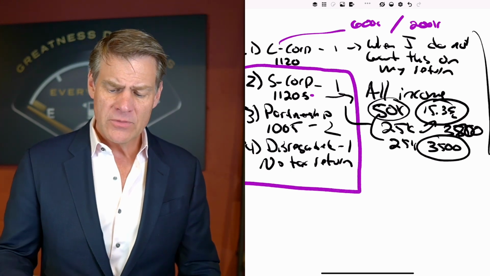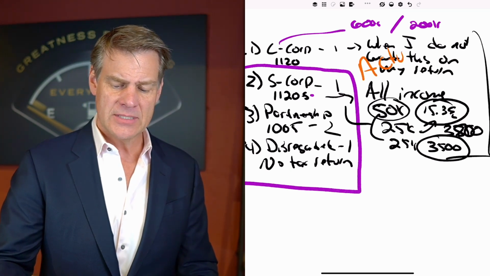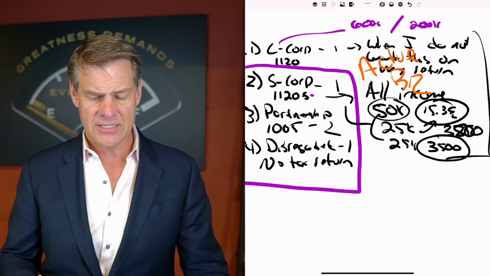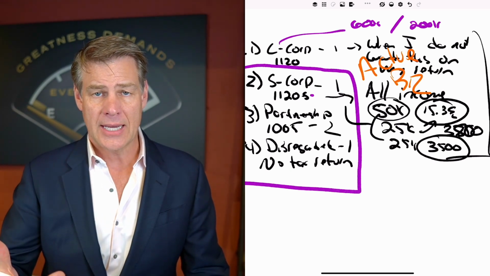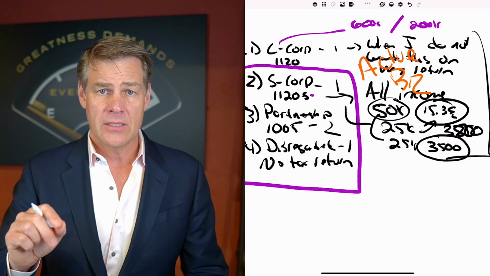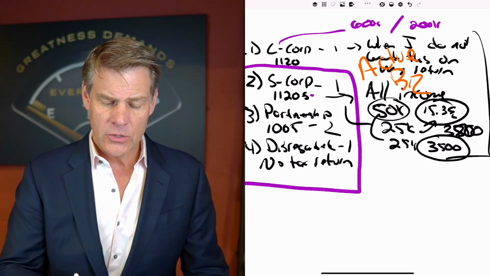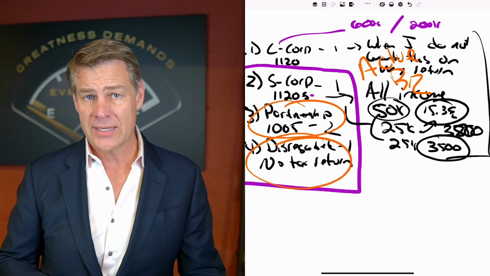Now, for both of these levels right here, what am I getting at? These are active businesses. These are not passive businesses. What do I mean by passive? Well, if you own rental real estate, or if you have a stock trading account, something like that, that is considered passive income from the terms of the Internal Revenue Code, then you want to look at using either partnership or disregarded tax status for your entities.